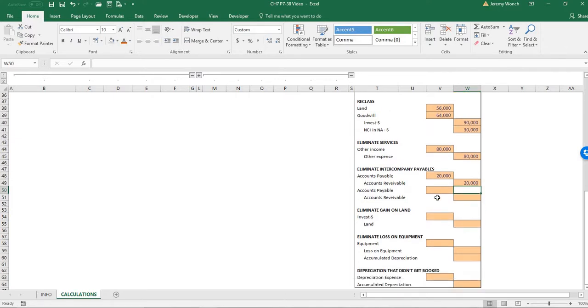And also it mentioned that there was dividends that were declared that were not paid out, and so they said that the total dividends declared not paid out was $5,000. However, all of that is not intercompany, only the share that's going to go to the parent. And so that's going to be 75%. So that's the payable and the receivable that we need to remove.